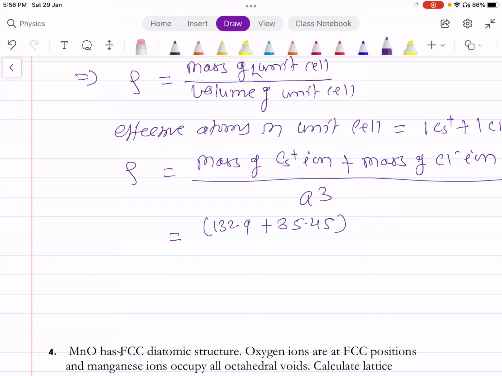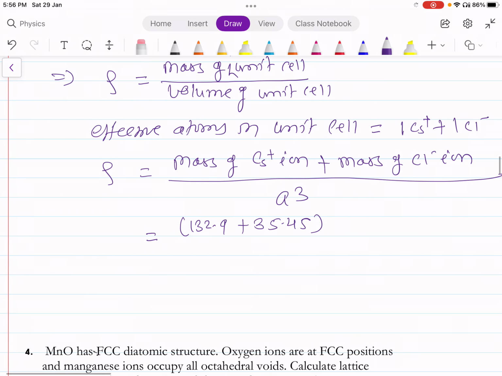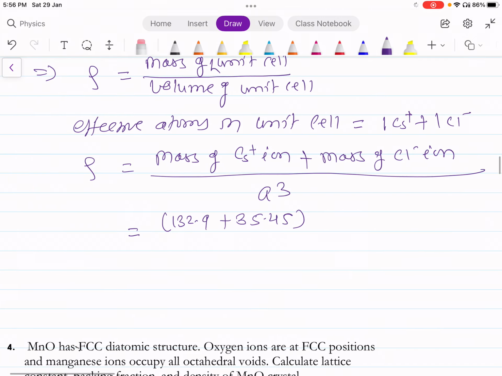We have to convert that into kg. So to convert that into kg, we have to multiply it by 1.67 into 10 to the power minus 27.